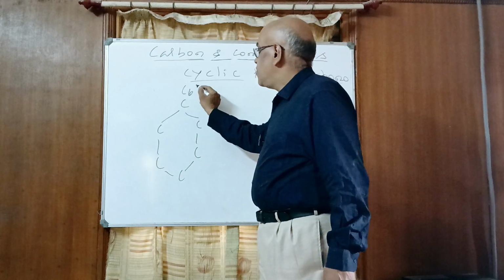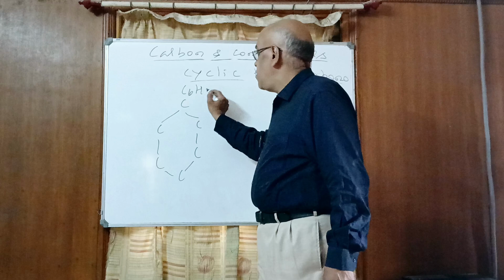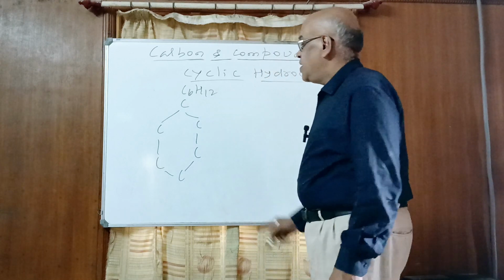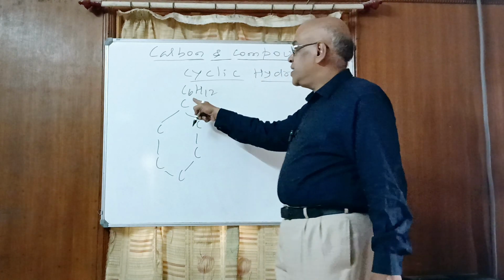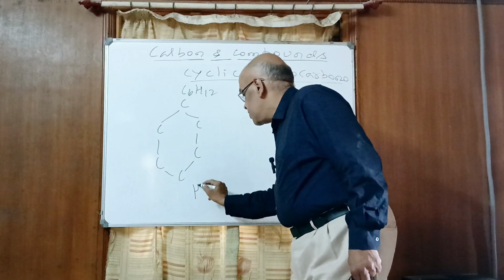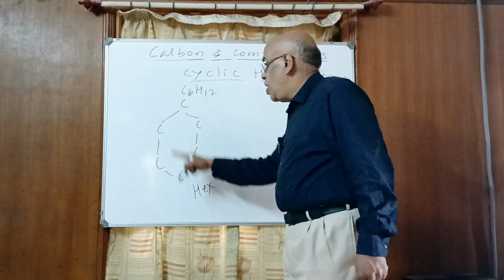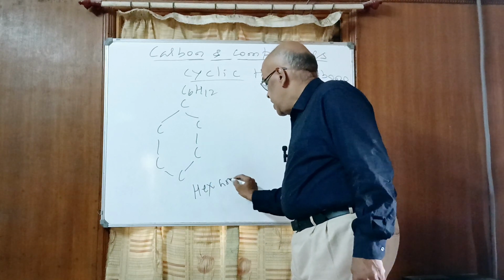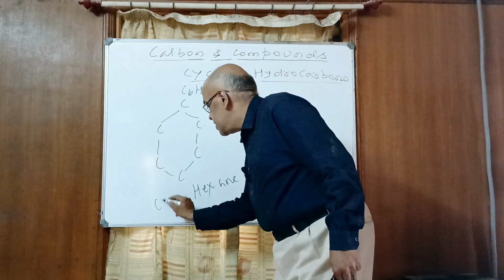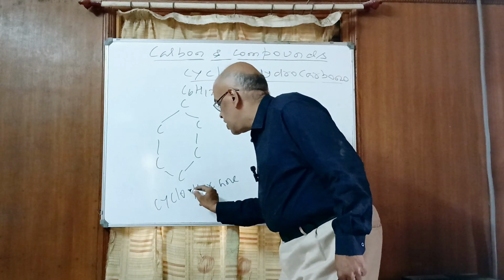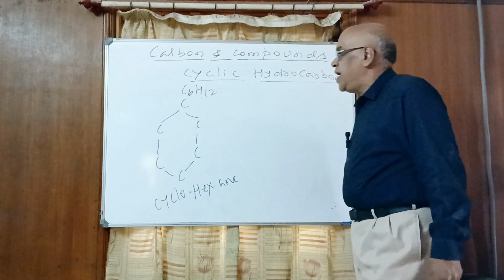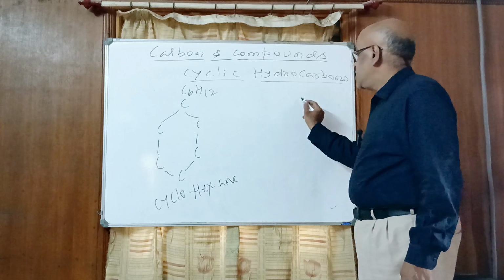So at the rate of 2 per carbon atom, how many hydrogens will they have? 12. What is the name of this compound? There are 6 carbon atoms, hex, and all single bonds, hexane, and as a cyclic structure, cyclohexane.